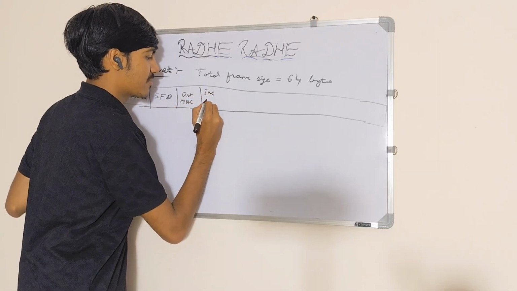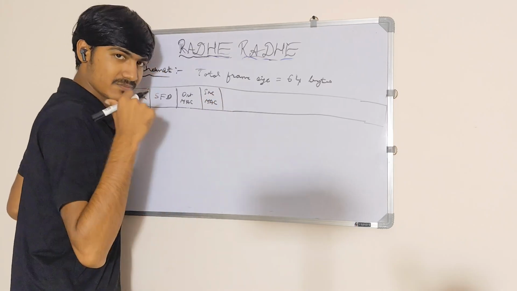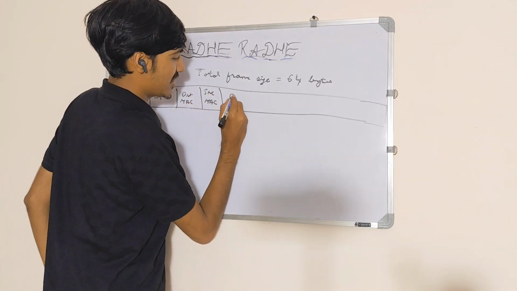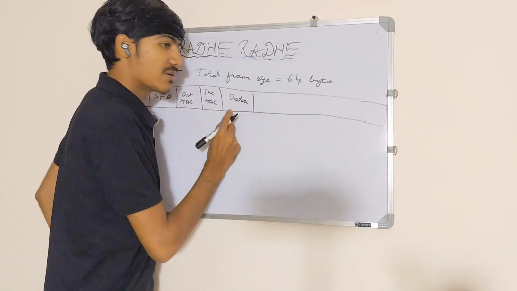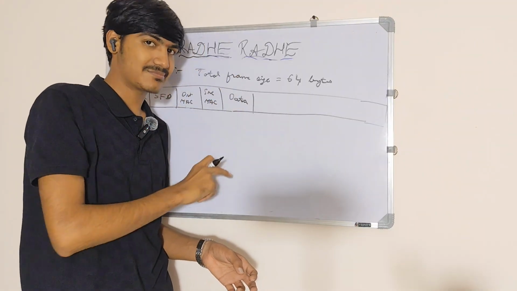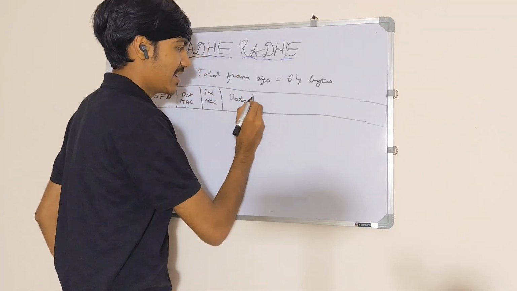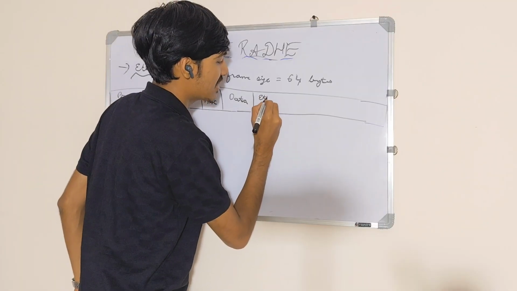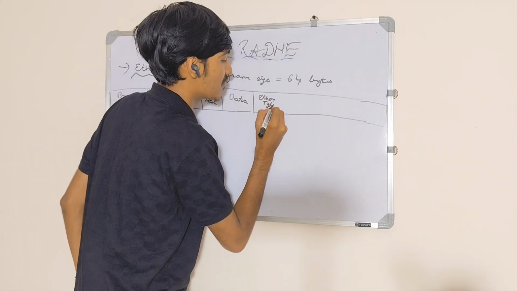Next is the source MAC address. Data. What is this data? IP payload, network packet. After this, we have ether type.